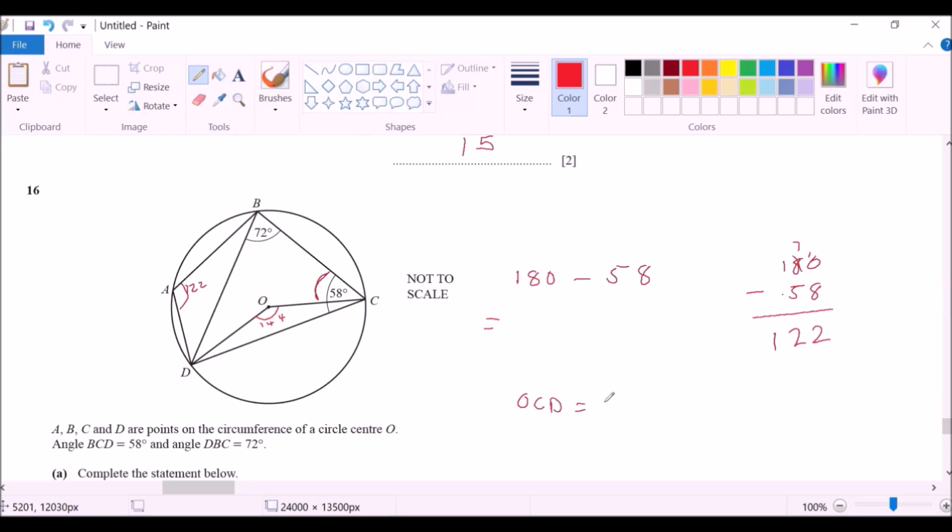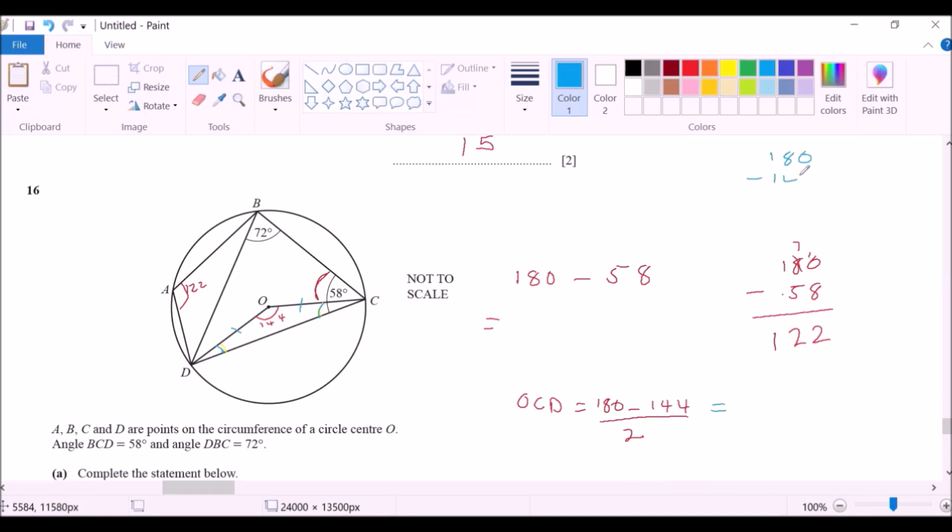OCD is equal to 180 minus 144 all over 2. This angle here is a base angle of an isosceles triangle OCD, since these sides are equal, OC and OD are radii. So these are base angles of an isosceles triangle.